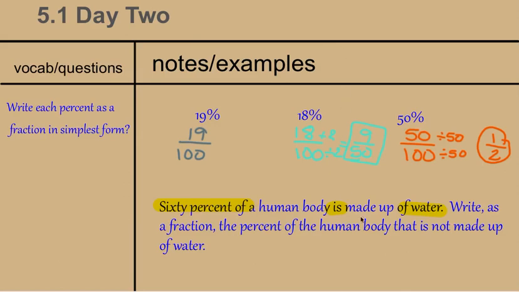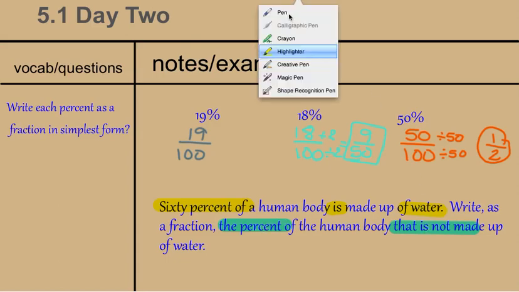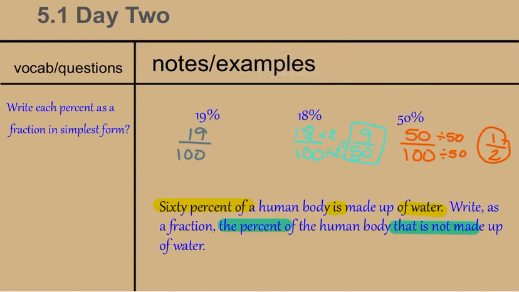It wants me to write a fraction, the percent that is not made up of water. 60% is water. Find the percent that is not. All about reading. All about paying attention to those details.